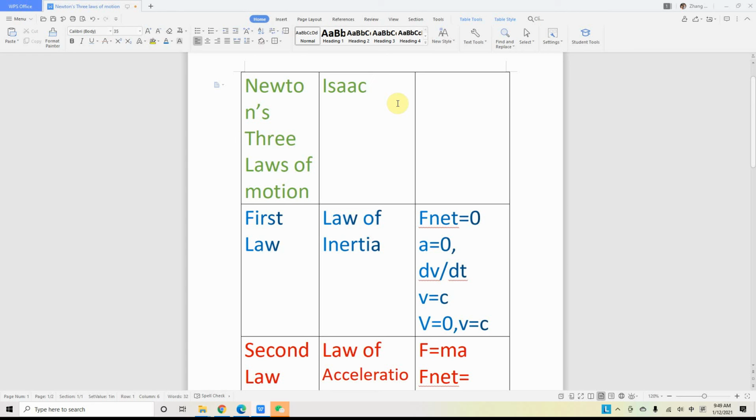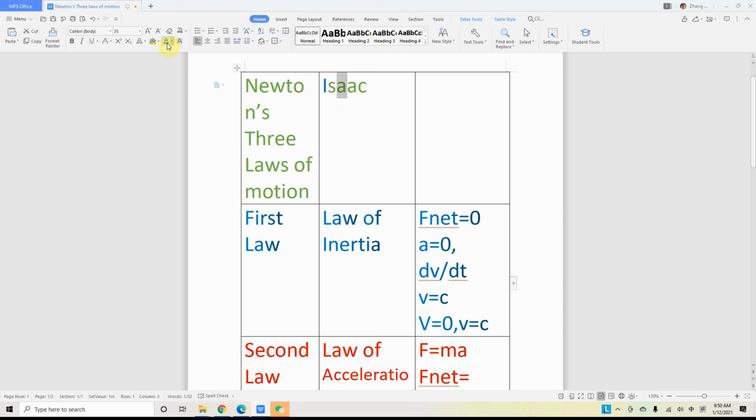Because this is something even Newton did not know about the three laws of motion: the initials of the names of the three laws of motion are actually in the name Isaac. The I means inertia, right?